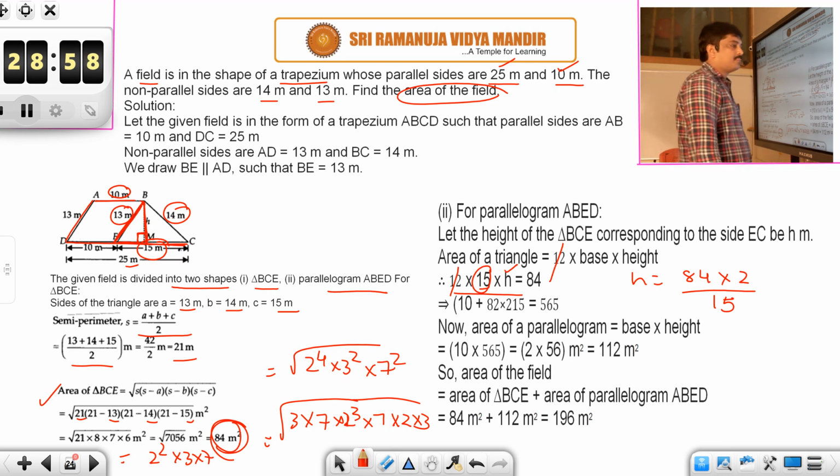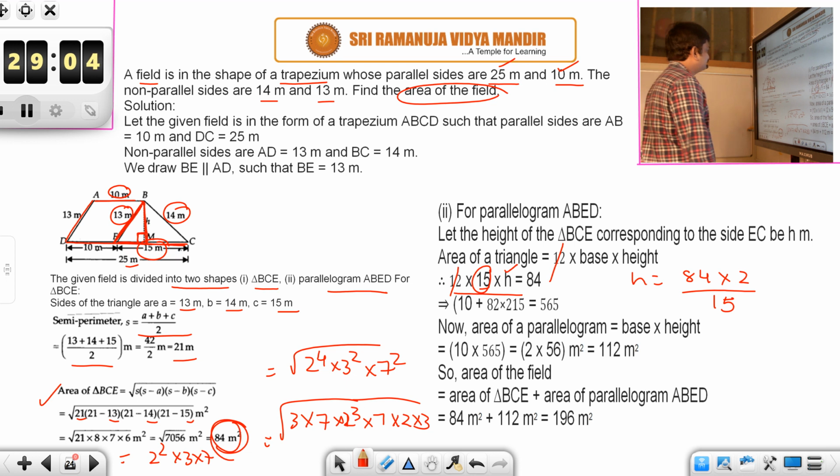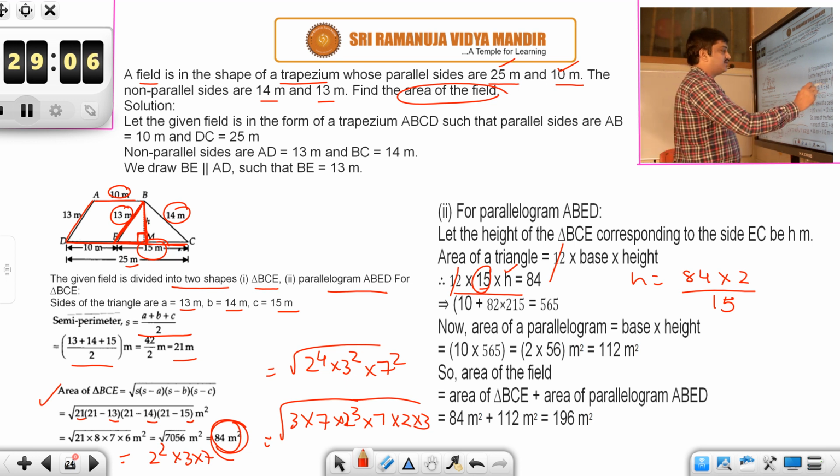Is it correct? We know that the area of a triangle is half into base into height, and we have also calculated the area of the triangle as 84 meter square. So half base into height is equal to 84.